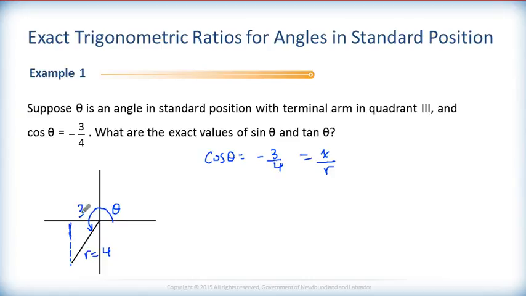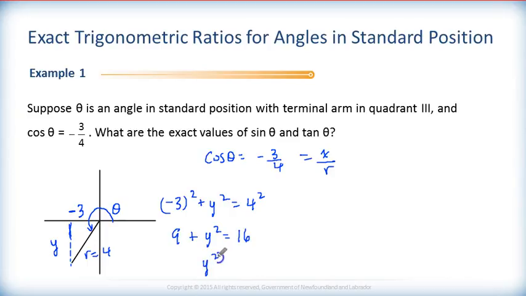But hang on, that 3 is on the negative part of the x-axis. So we have a negative value for x. R is always positive. We need to figure out the y value here. Pythagorean theorem says -3 squared plus y squared equals 4 squared. -3 squared is 9 plus y squared is equal to 16.